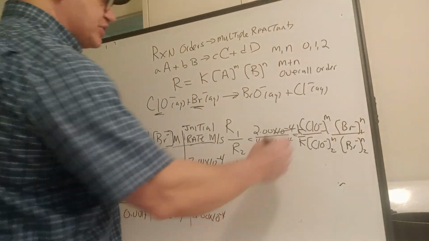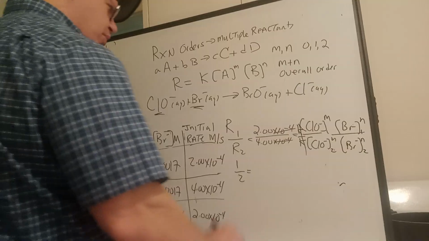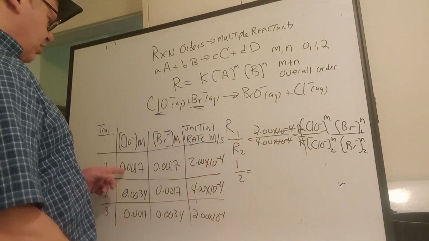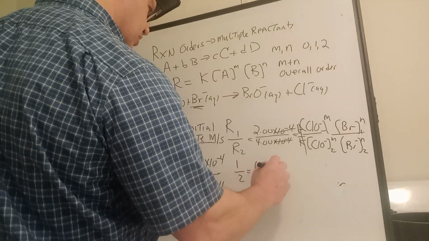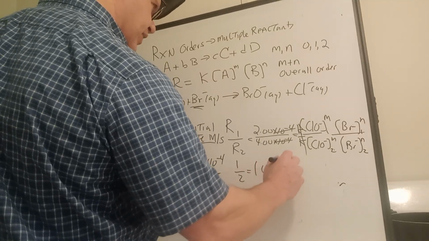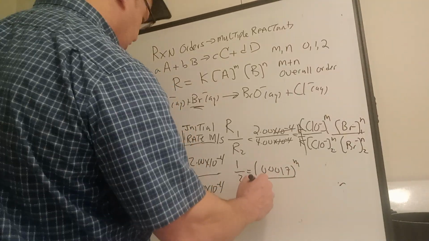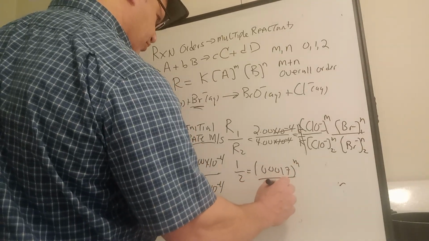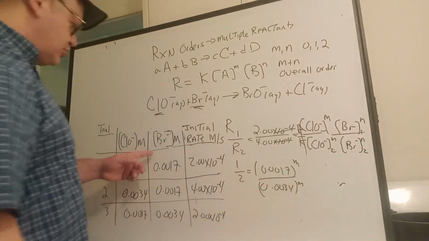I try to keep it as simple as possible. So what we have here is the ratio of the ClO minus, which is 0.0017 for trial 1 raised to the M, over 0.0034 raised to the M. And then these two are the same.